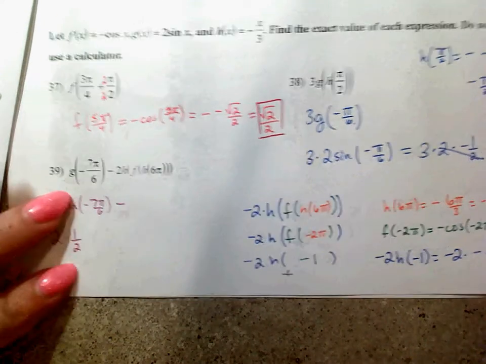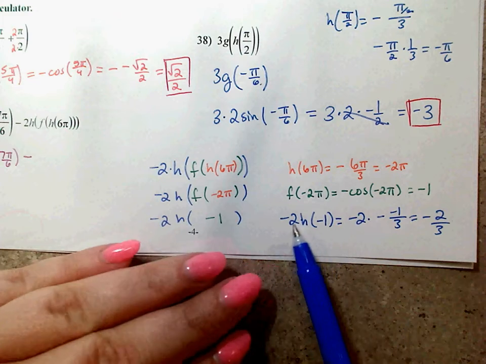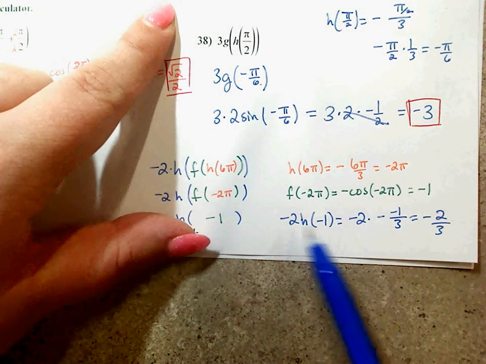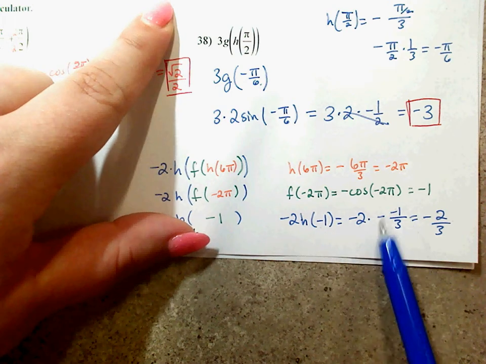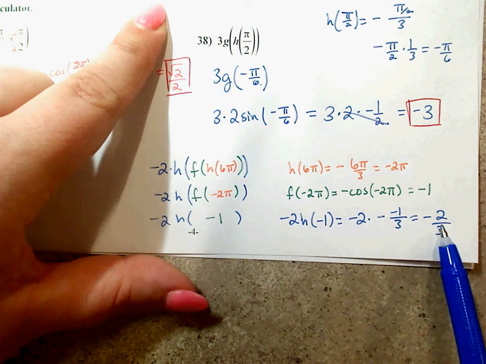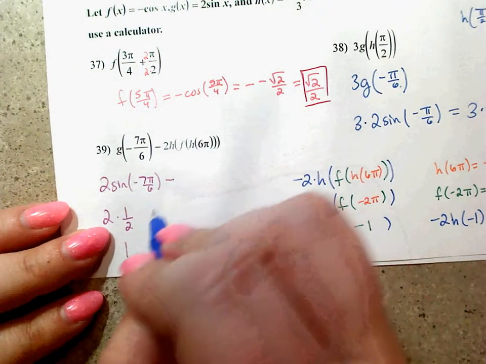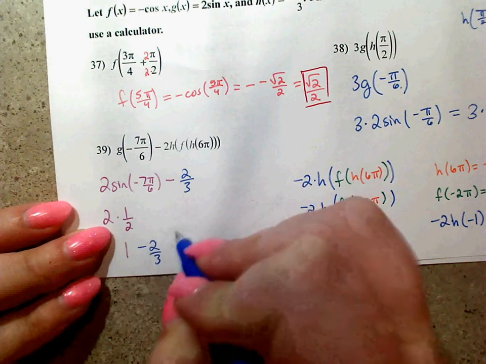Sorry, I don't know if you saw that. So h of x is negative x divided by 3, so h of negative 1 means negative 1 divided by 3, so positive 1/3 times a negative 2, and that becomes a negative 2/3. So all of this is minus 2/3, which means the final answer is 1/3.